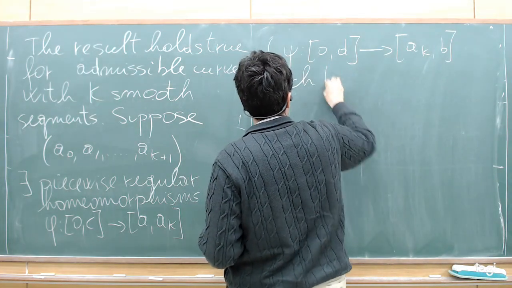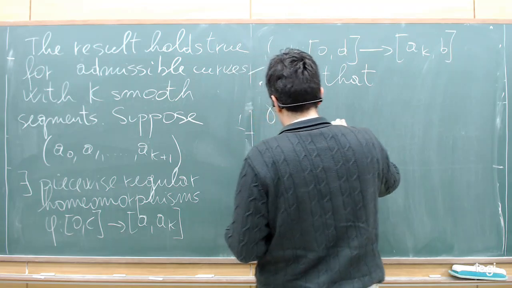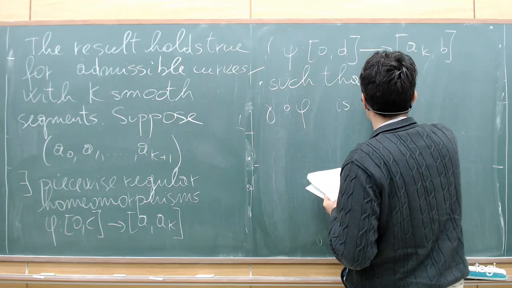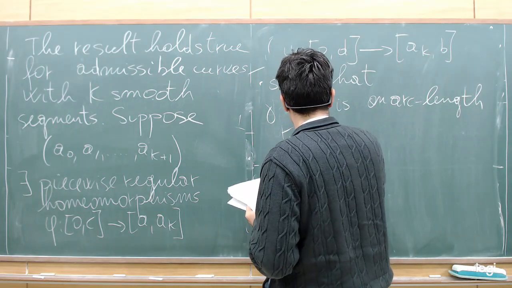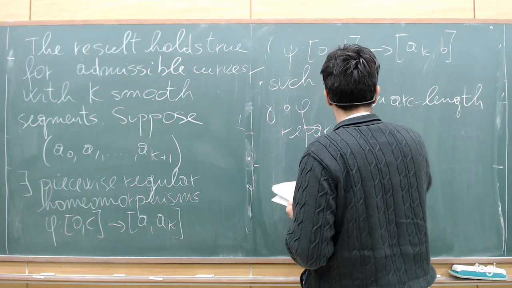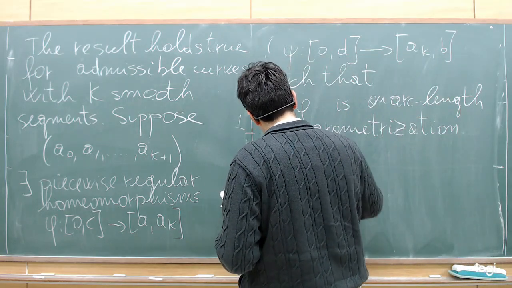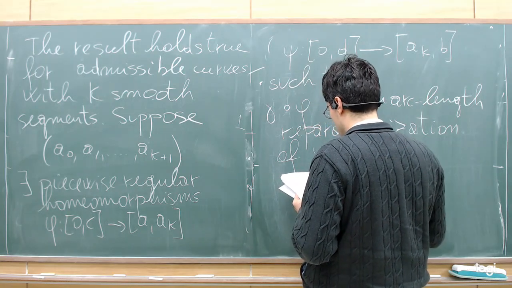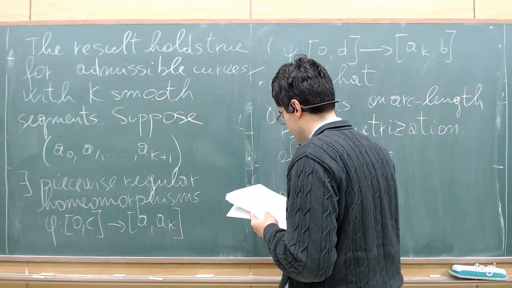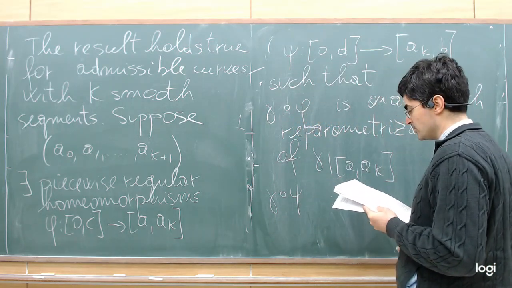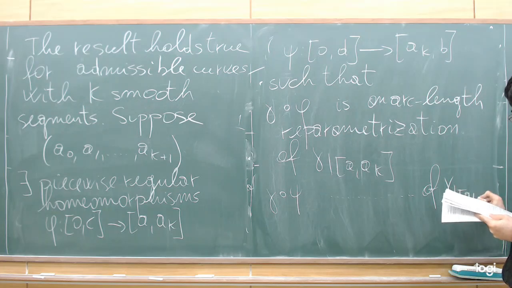such that gamma composed with phi is an arc length reparametrization of gamma restricted to a0 ak, and similarly gamma composed with psi is an arc length reparametrization of gamma restricted to ak b.